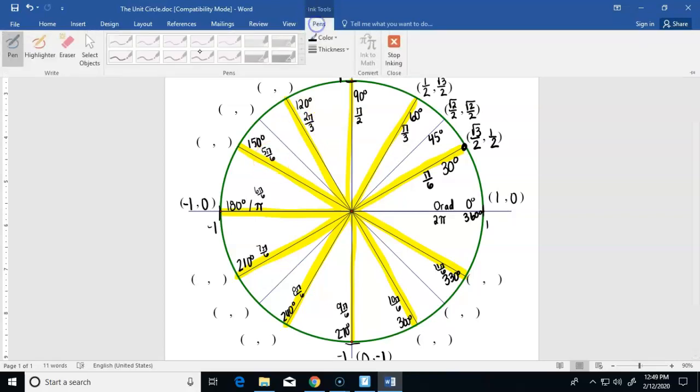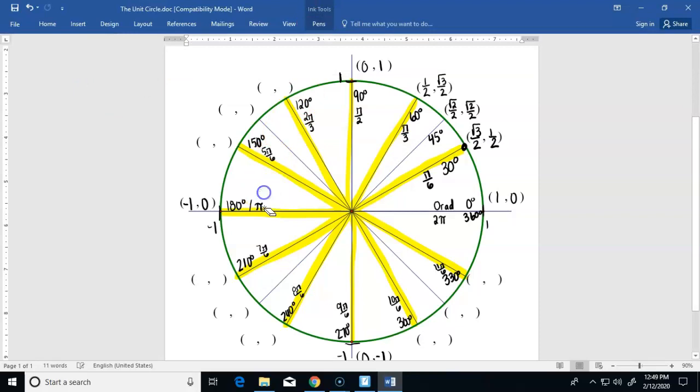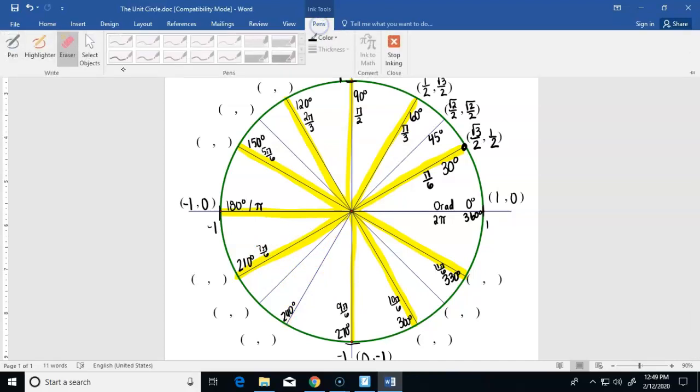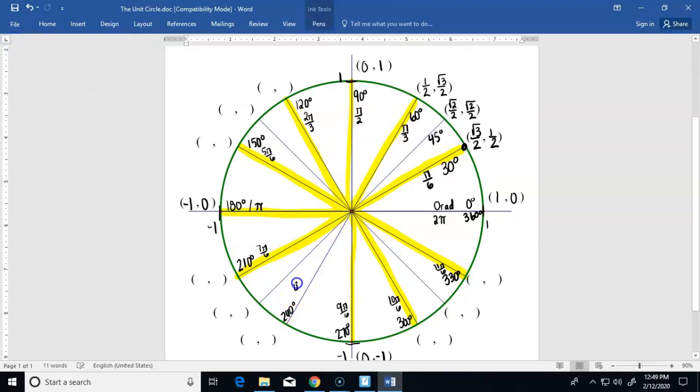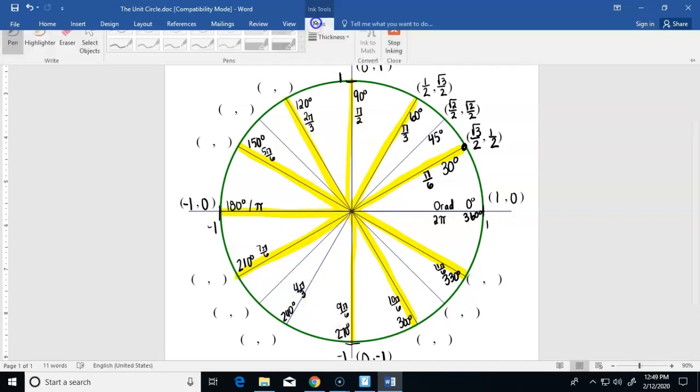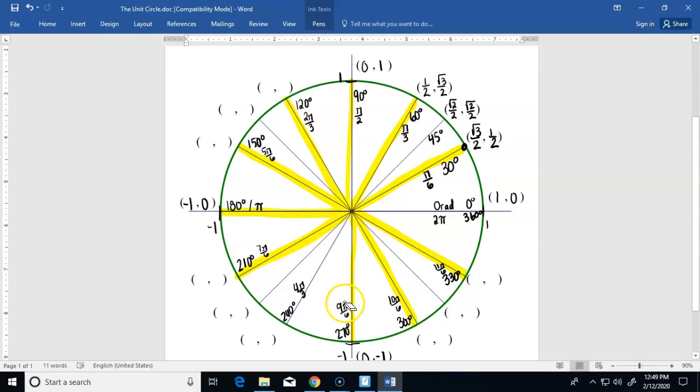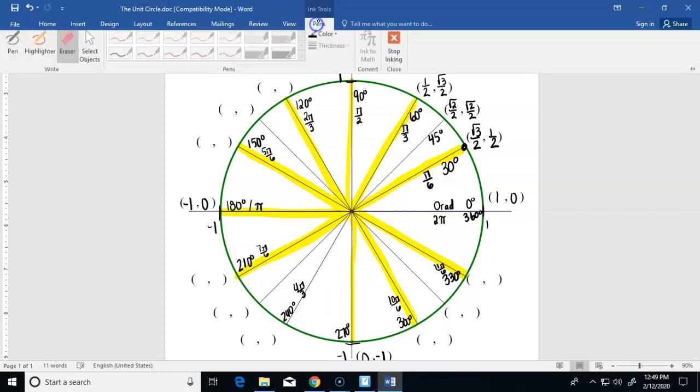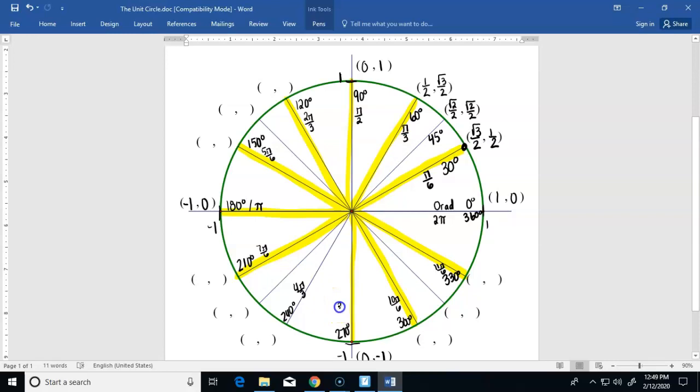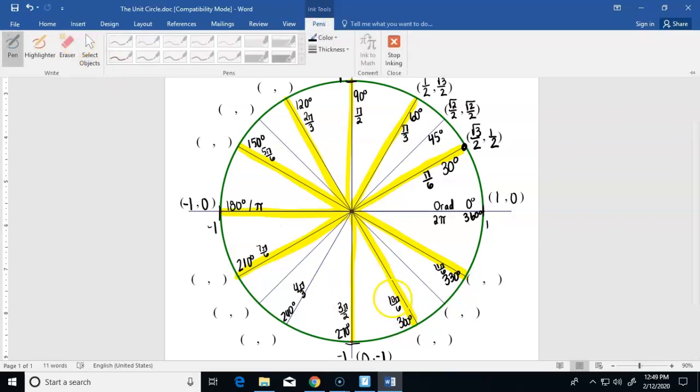You'll leave it alone. 6 pi over 6, it's pi. We already had that written down because we knew that one. 7 pi over 6 will not reduce. You'll leave it alone. 8 pi over 6 will reduce. That's 4 over 3. So that's 4 pi over 3. 9 pi over 6 will reduce. 9 over 6 will reduce to 3 over 2. So we will have 3 pi over 2. 10 pi over 6 will reduce. That's our last one. So 5 pi over 3.